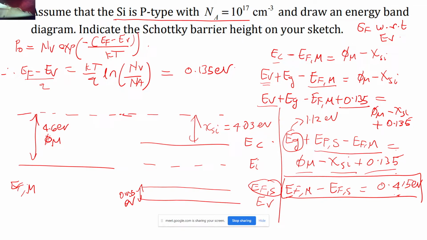So now can you tell me in which direction the band bending is going to happen? The band bending will be on the downward side or it will be on the upward side? Downward side. Guys, what do you think?